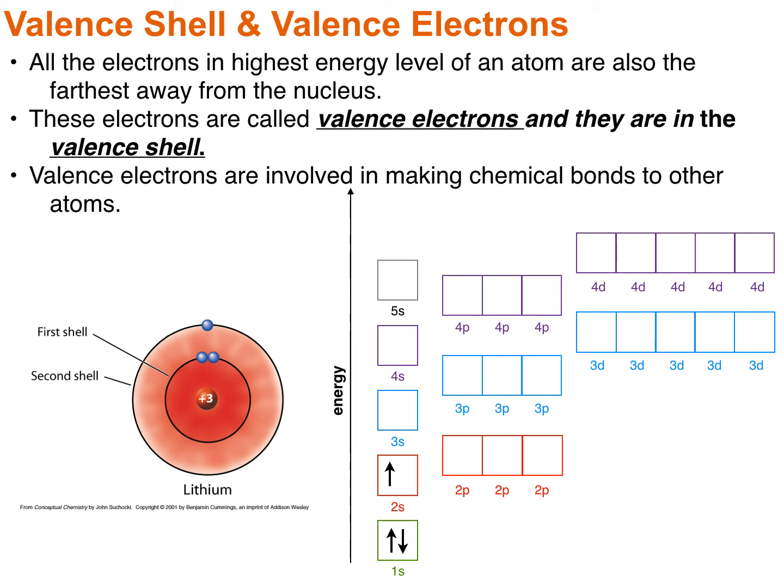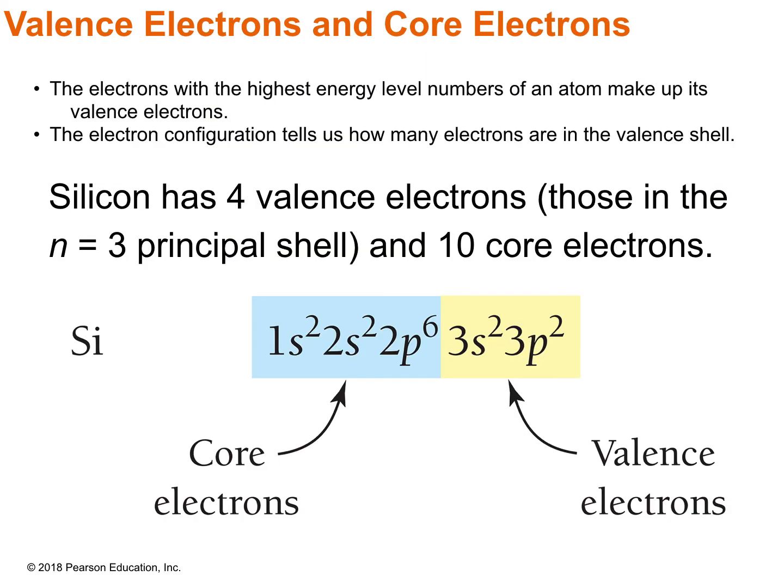So we can say that that 2s1 electron is lithium's valence electron. All right, and we'll talk a little bit more about that later, but let's look at valence electrons again, just to make sure that you understand. So the electrons with the highest principal quantum number are its valence electrons. And the electron configuration tells us how many electrons are in the valence shell.